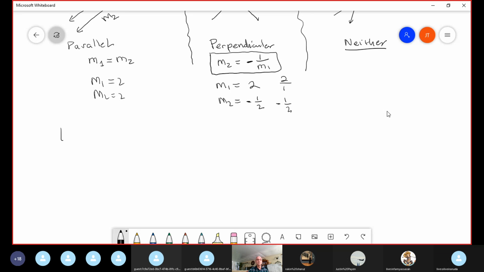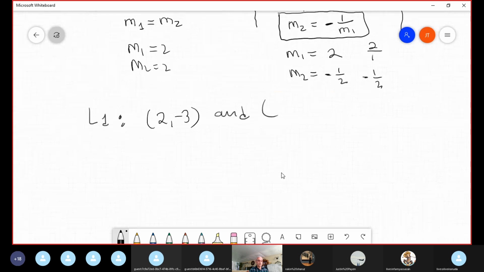Suppose line 1 is defined by 2 points. Suppose the point (2, -3), and let me zoom to see more clearly, (4, 1). And line 2 is (5, -6) and (-3, -2).